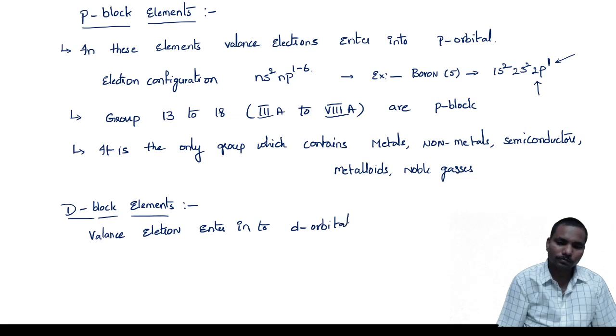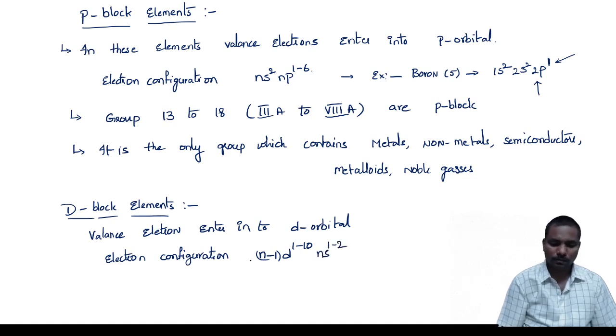Very simple. And here the electron configuration is (n minus 1) d from 1 to 10 and ns 1 to 2.